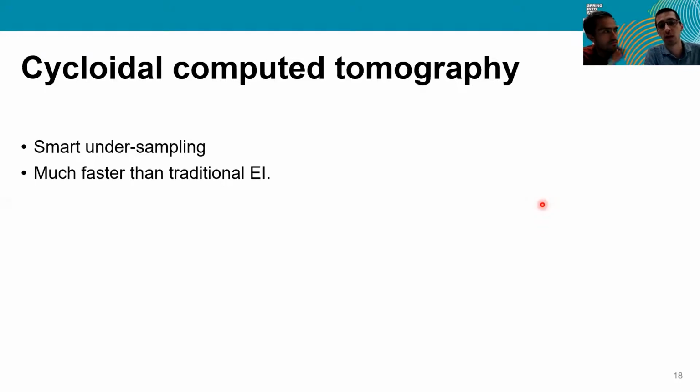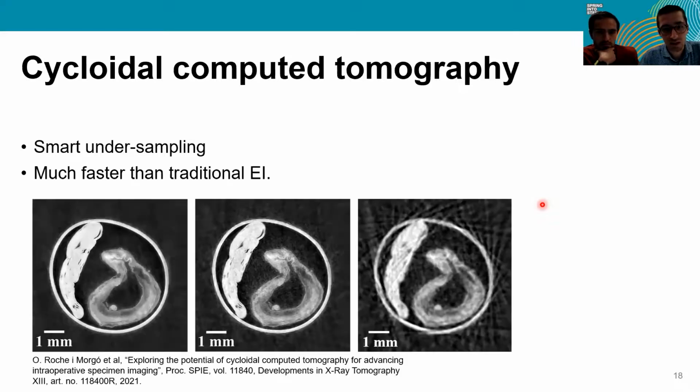So what we've been doing with cycloidal computed tomography is smart undersampling. And by that, I mean, how few data points can we use, moved around in a clever way, so that we are much faster, much more efficient than edge illumination, but we get basically as close to the same image quality as we can. This is, for example, some of my results.